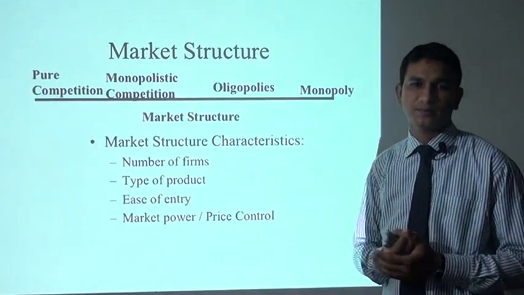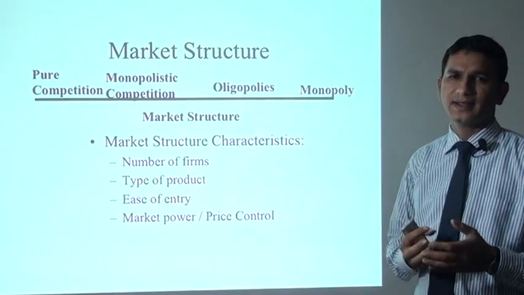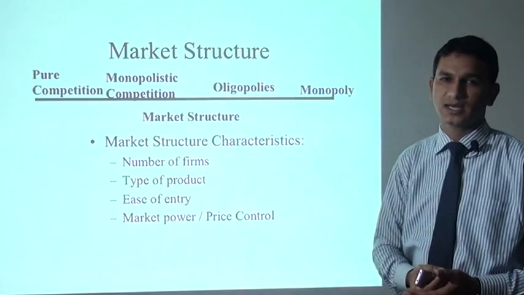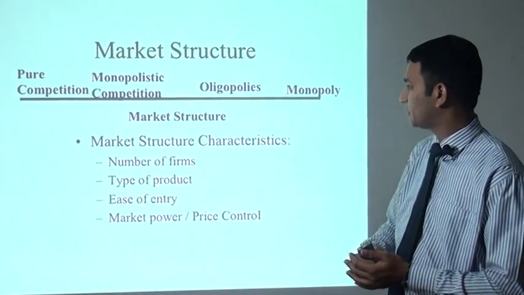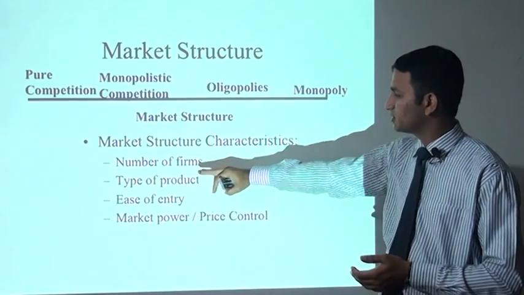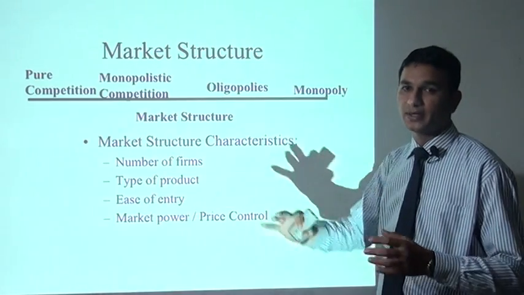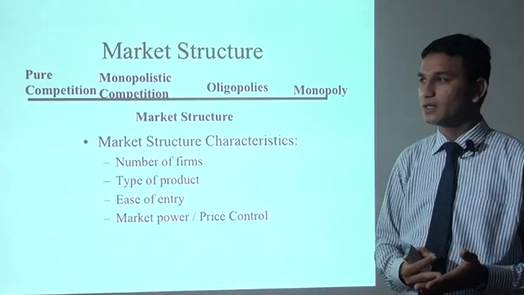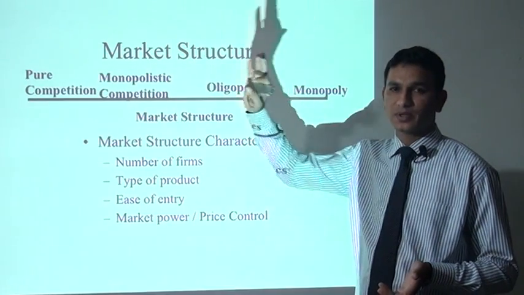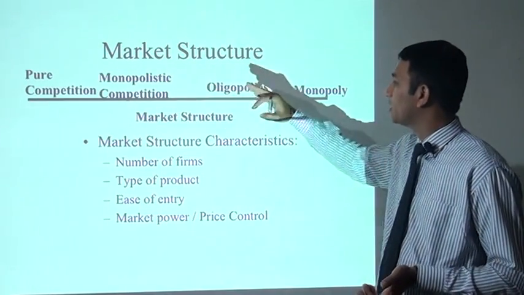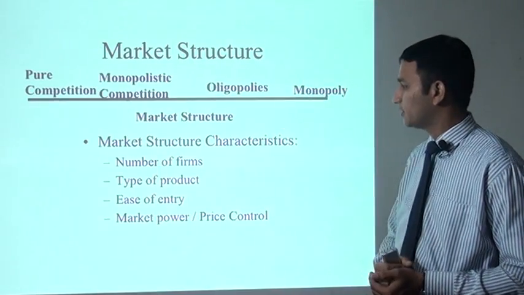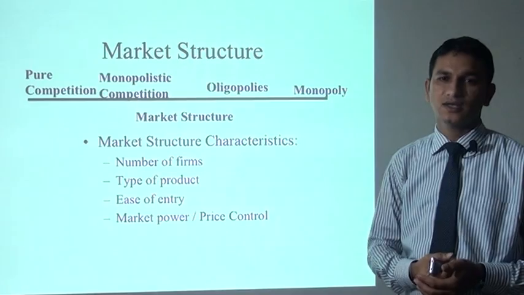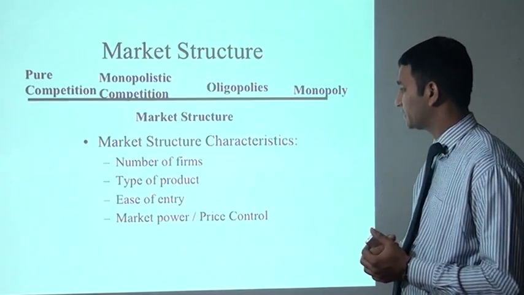These are the basic market structures, and on this basis market structures are decided. For example, these are the characteristics: number of firms, that is, how many firms are there in the market. On the basis of that we can say whether a particular market is pure competition, monopoly, oligopoly and so on. Type of product, which type of product they are producing, is also one characteristic.